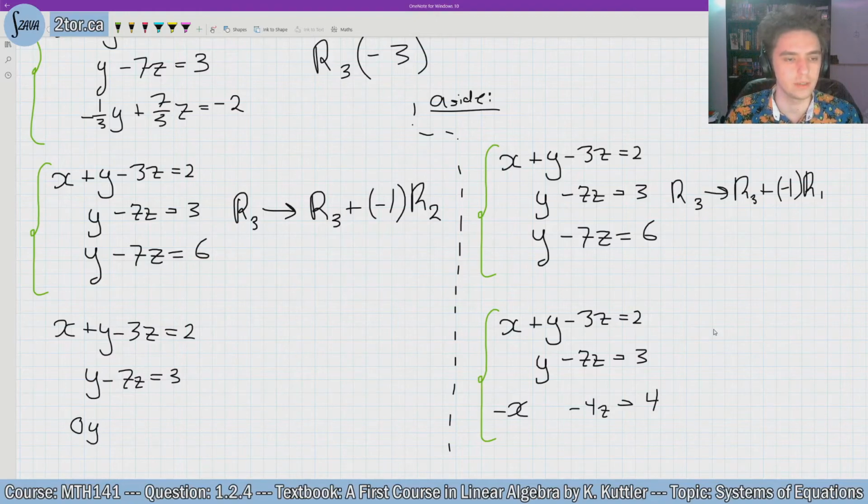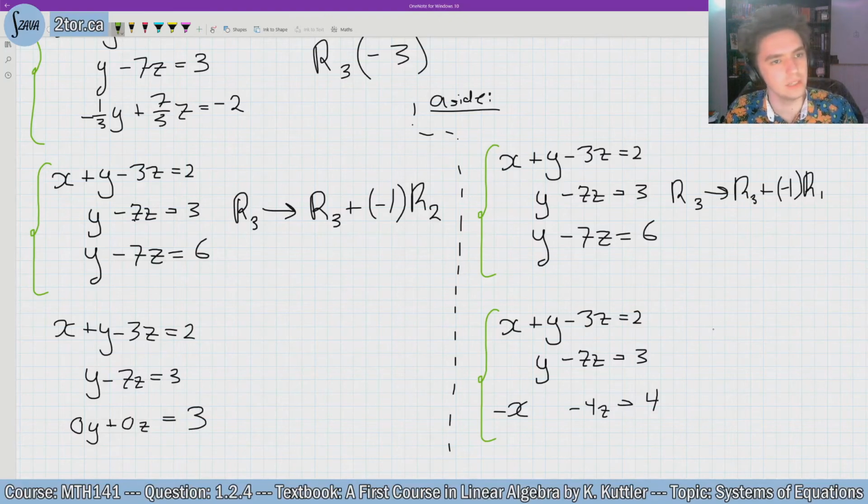Then -7z minus -7z is 0z, so it's going to be 0z equals 6 minus 3, which is 3. Okay, something interesting happened here.